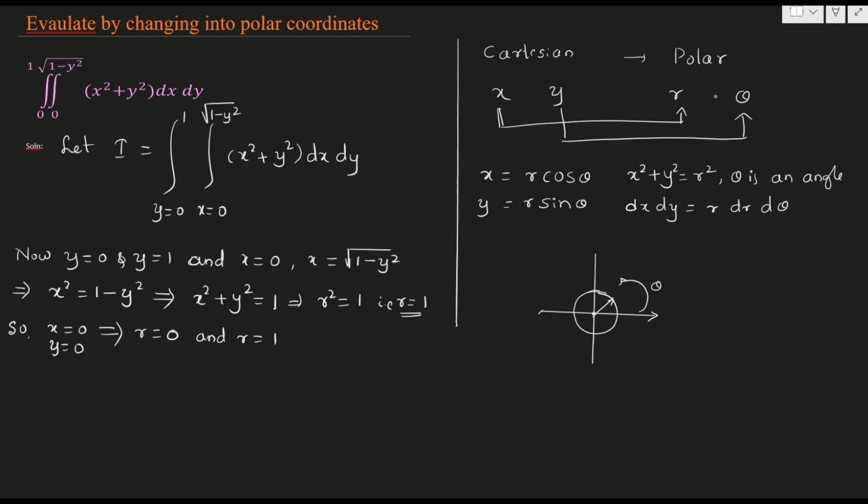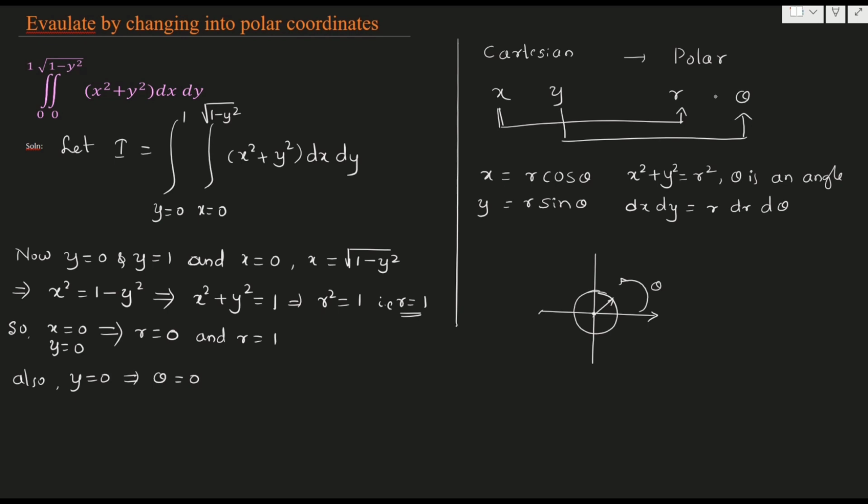Now y is 0, so theta is 0. It starts from 0 only. For this example we have x square plus y square equal to 1, because we need to find the region of integration.